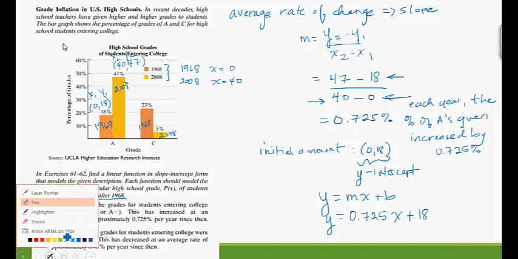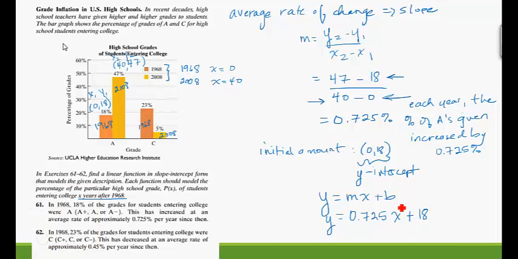And if you think about it, if you were to substitute 0 in for x, because that's the number of years after 1968, it's going to be 18. 0 times 0.725 is indeed 18. So this is your equation in slope-intercept form. This is your rate of change or your slope, and this is your initial amount.